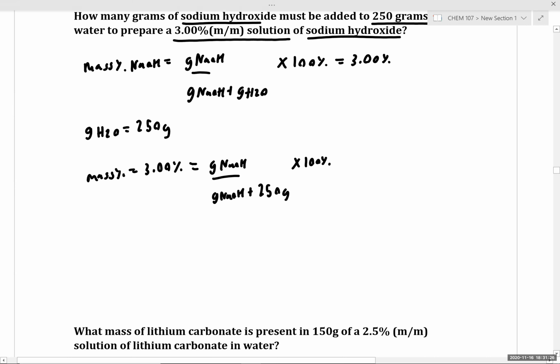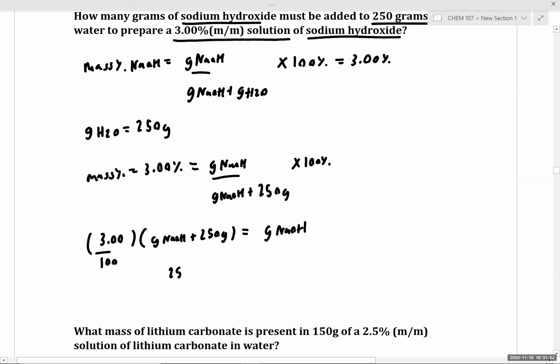Okay, now that we have this set up, we're going to solve, and we get 3.00 over 100 times the grams of sodium hydroxide plus 250 grams is equal to the grams of sodium hydroxide.